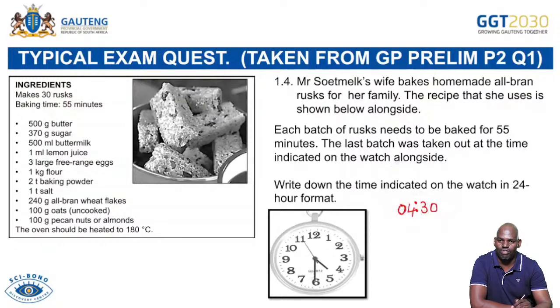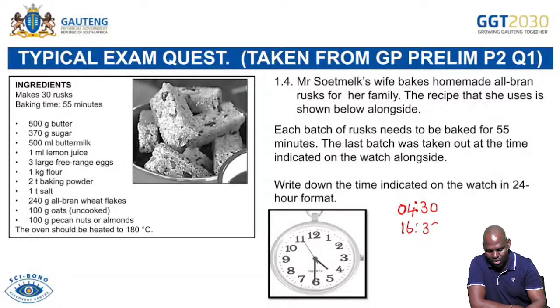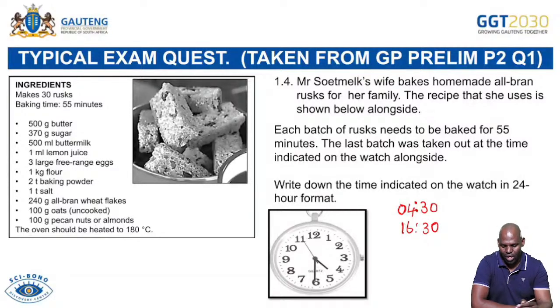If we say in 24-hour format, this will be 04:30, or it can be 16:30. But if it was 12-hour format, it would be either 04:30 AM or 04:30 PM.